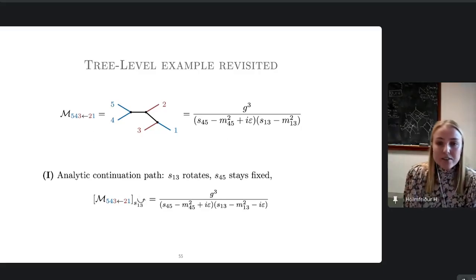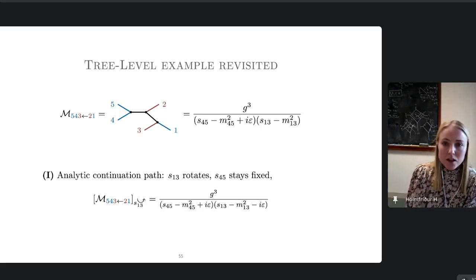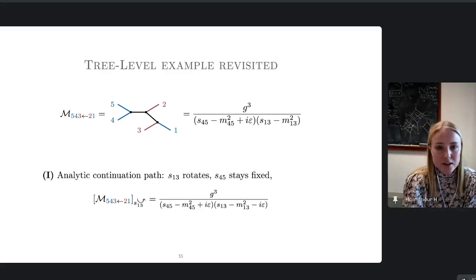So let's now revisit the tree level example that we had way in the beginning. And we're now going to be able to understand via the crossing equation what happens. So remember that we had this tree level example, 1, 2 going to 3, 4, 5. And we started with a scattering amplitude where S13 was negative, so we don't have to attach an i epsilon.